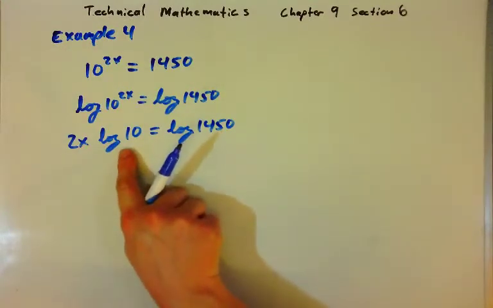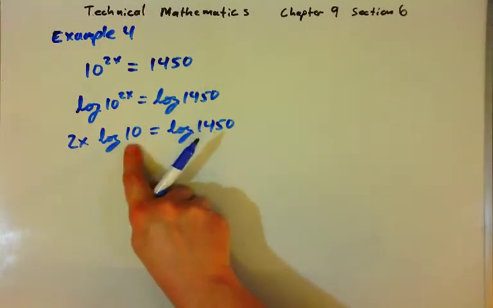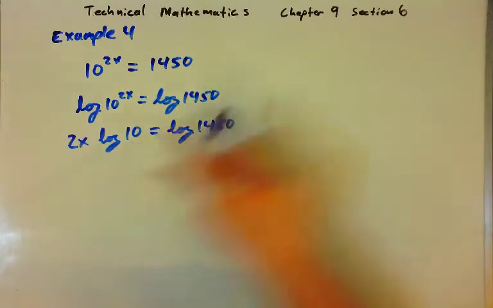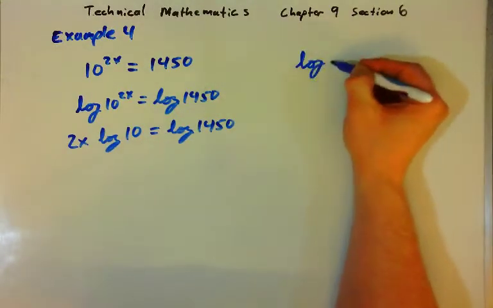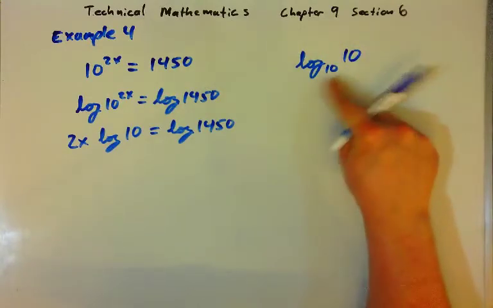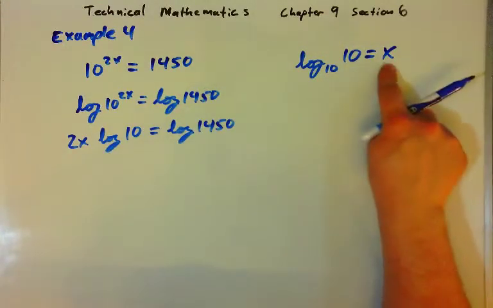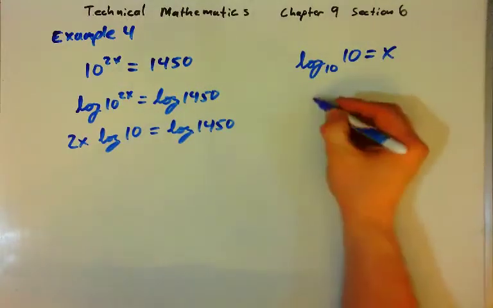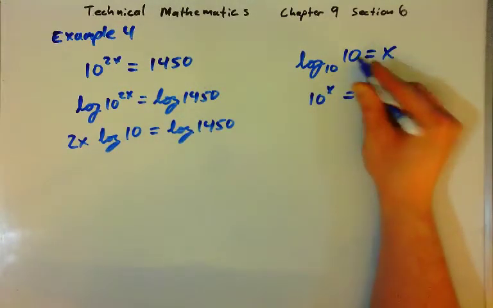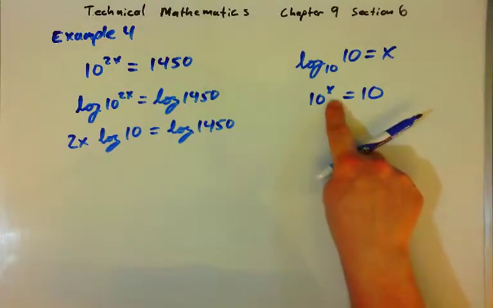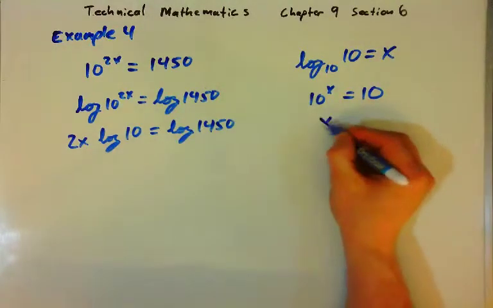Now the main reason that I chose the common logarithm here is because log base 10 of 10, which is the common logarithm, equals some number. I can rewrite this as an exponential. This means 10 to the x power is equal to 10. And what is x? That has to be 1.